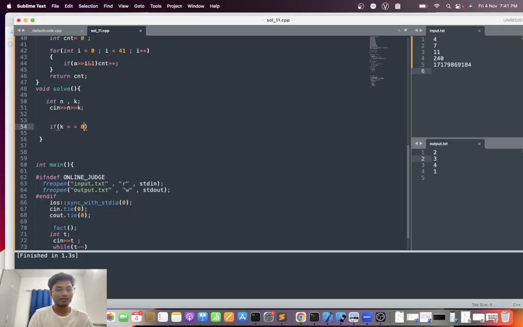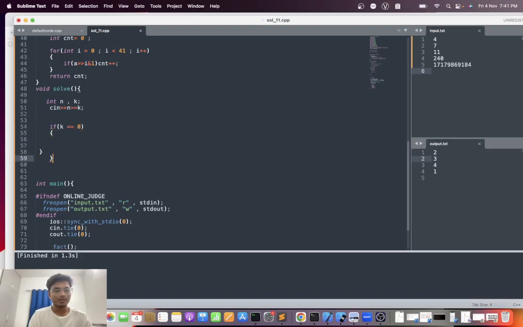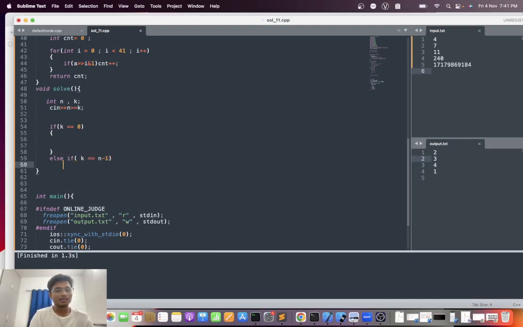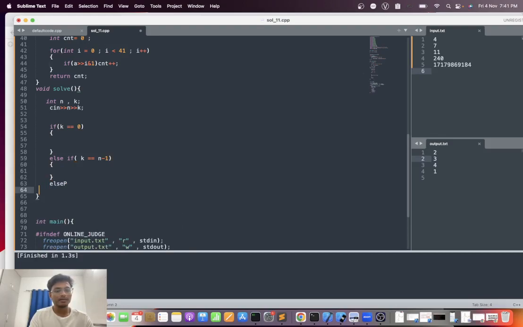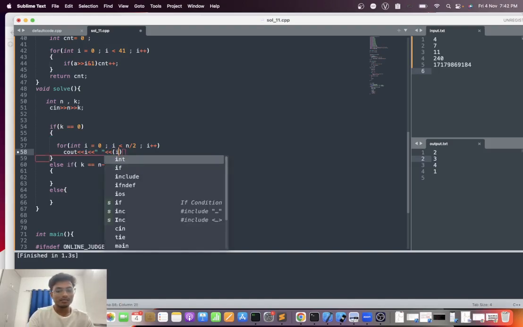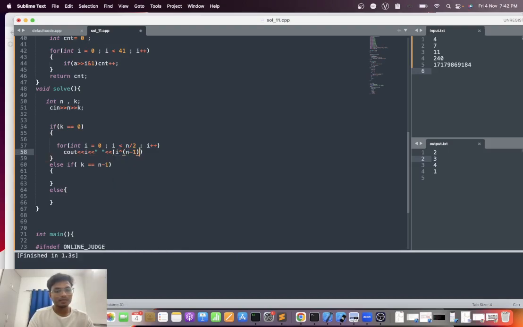If k is equal to 0, then I will loop from 0 to i less than n by 2 with i plus plus, and I need to output i with its opposite pair so that its value comes out 0, that is i XOR n minus 1.